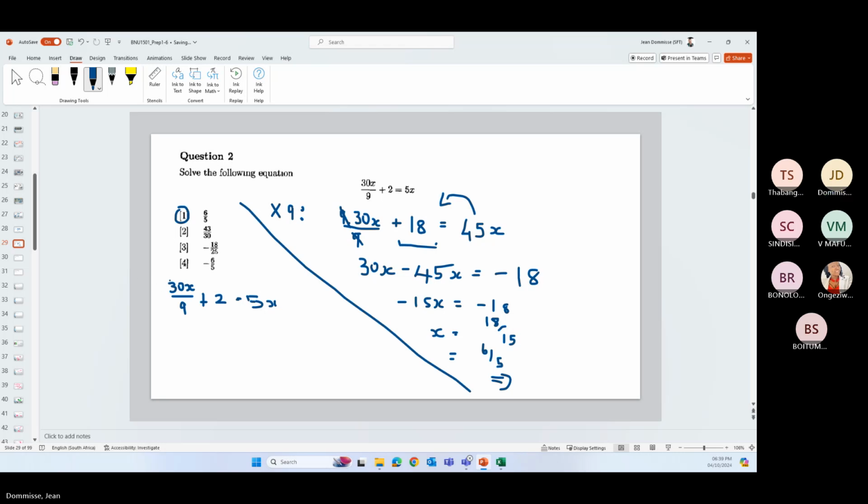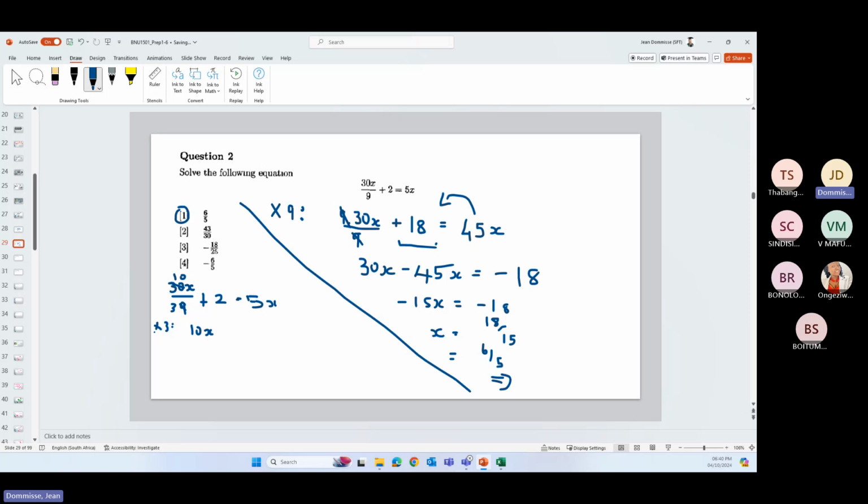So 3 goes into 9 3 times, 3 goes into 30 10 times. Okay, but then still I needed to multiply out by 3. So instead of multiplying by 9, I would now still need to multiply by 3. So we'll still get 10x, but it will now become a bit easier.